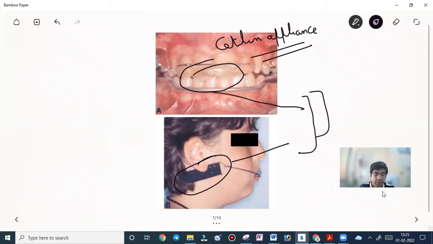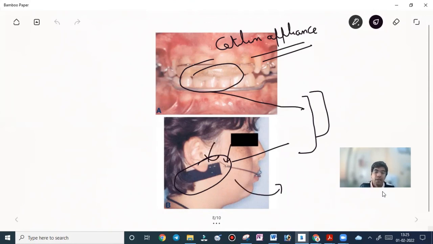It utilizes a removable appliance that is attached intraorally to tip the crowns distally, and then extraoral force is used to upright the roots.